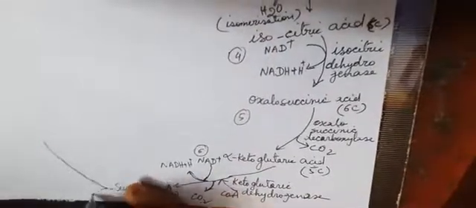Then it will lose the coenzyme A, and by addition of water it will become succinic acid, again 4 carbon, and there will be the synthesis of GTP, that is the energy molecule.